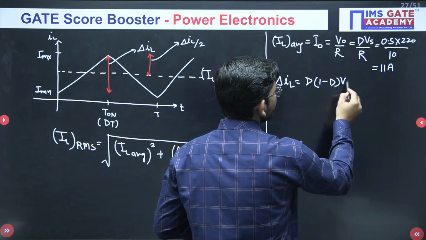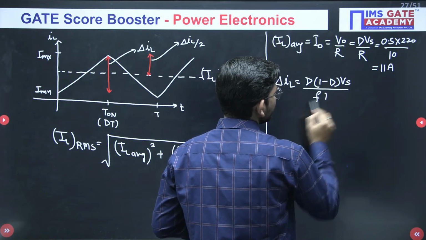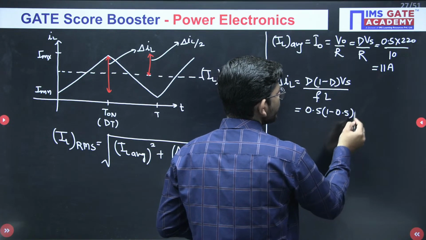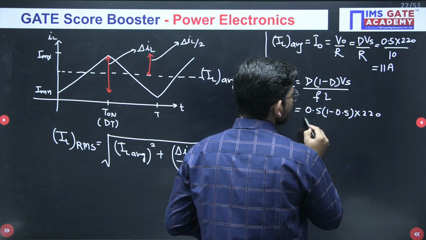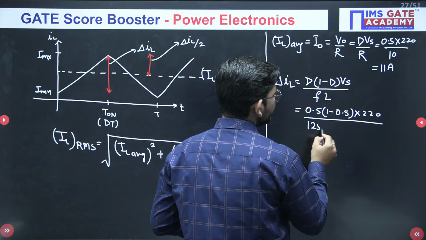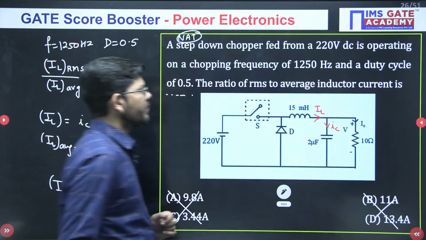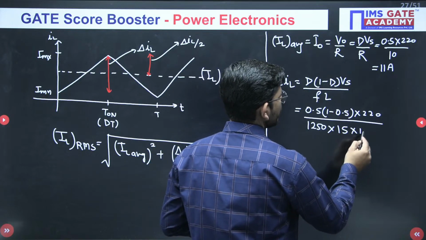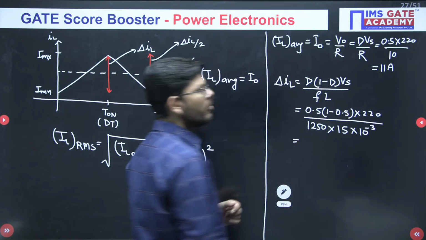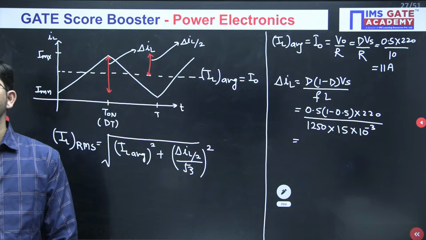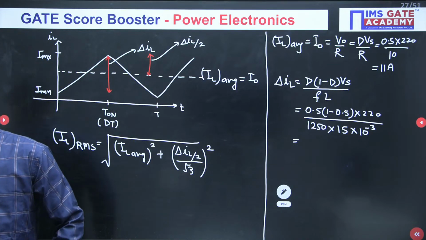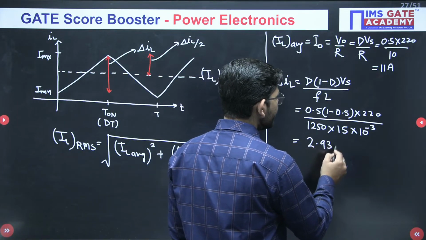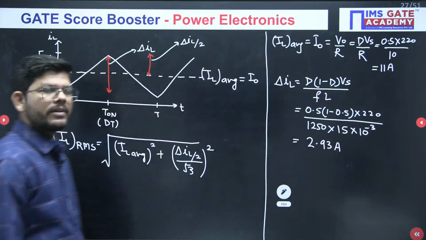Put the values: 0.5, 1 minus 0.5, into 220, the frequency is 1250 Hertz, and the inductor is 15 millihenry. Very good Divya, this is the right answer. Delta IL will be 2.93 ampere.